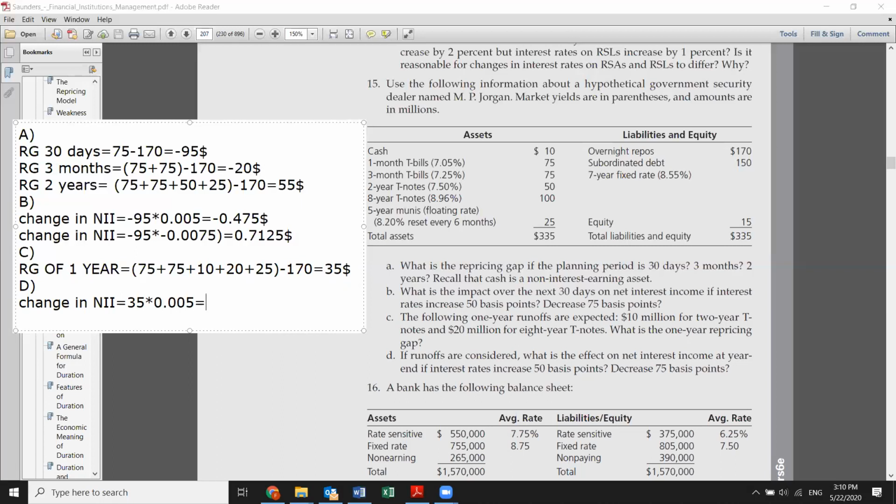This will give us $0.175 change. And the change in net interest income when there is a reduction is 35 times minus 0.075. This will give us the amount by which your net interest income will be reduced.